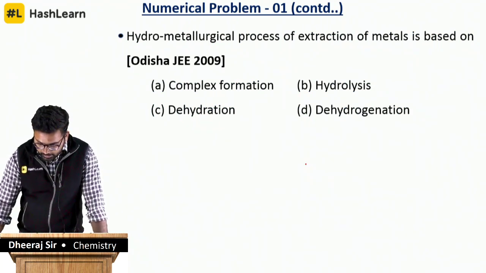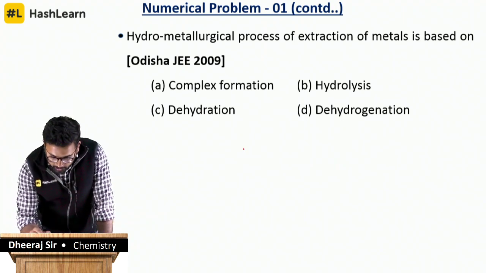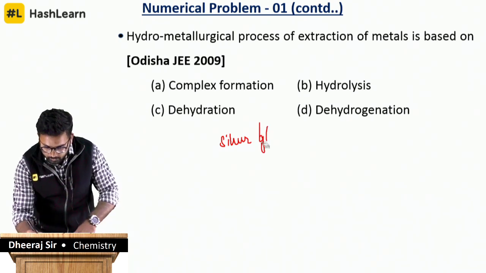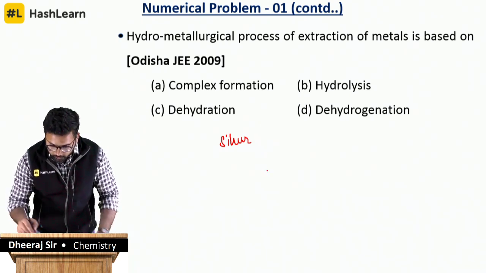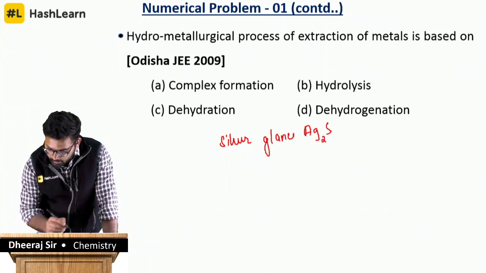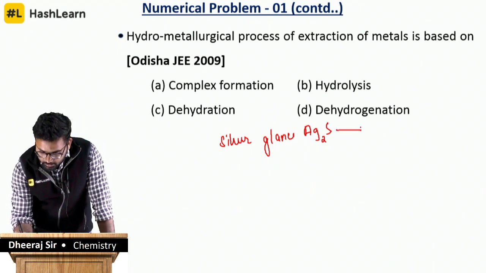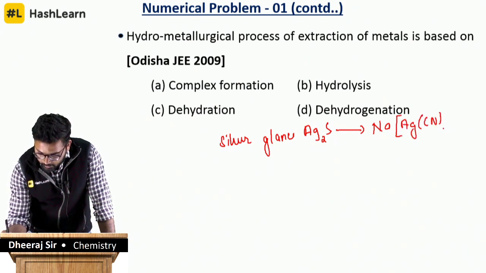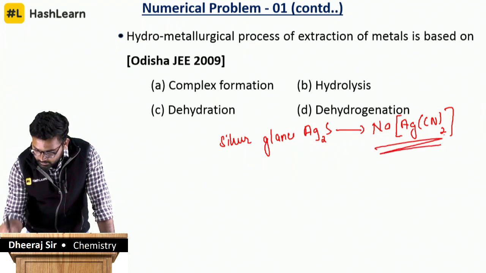I'll give you an idea, guys. If you take silver glance, which is nothing but silver sulfide, and it is made to react with sodium hydroxide or sodium cyanide, you get a complex like this.